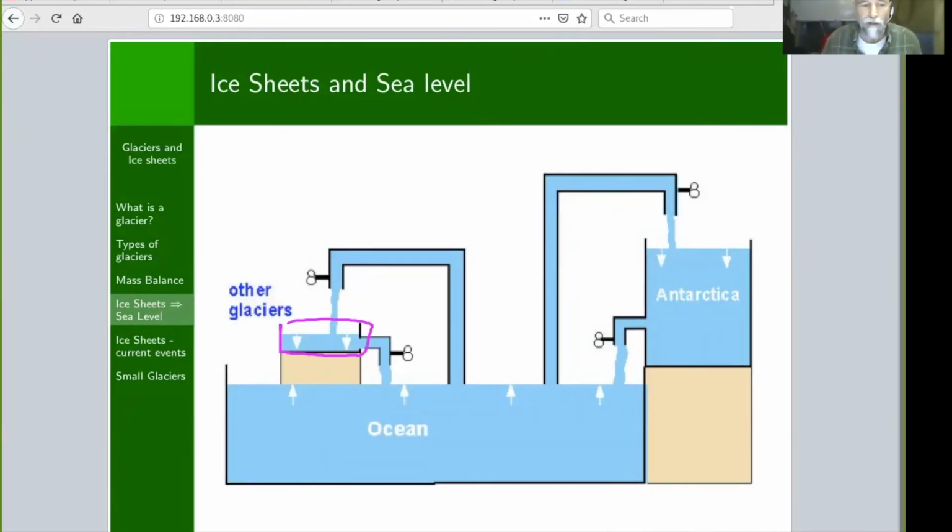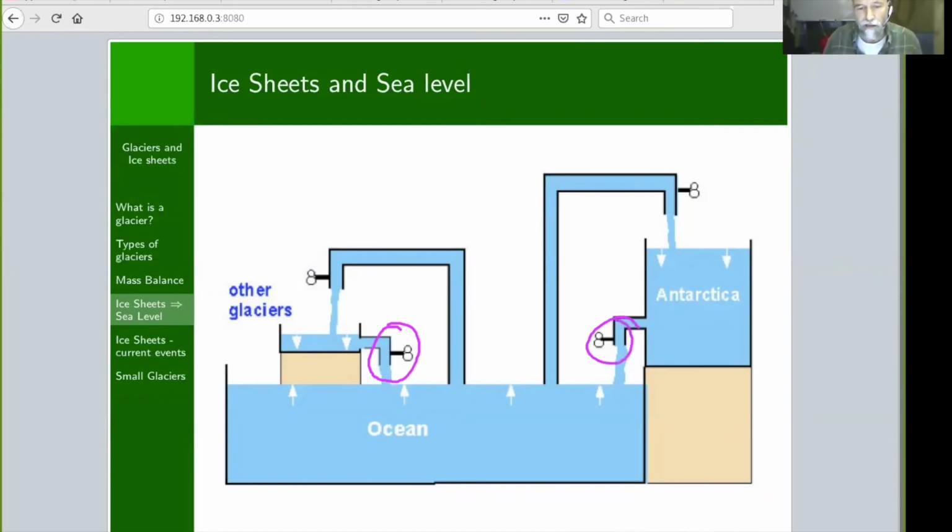But the other thing to remember is it's about not only the size of the reservoir, but also how far open this tap is. And so the contribution of different glaciers to current sea level rise is not necessarily related to the volume of water they could contribute in total. And right now, in fact, other glaciers and ice caps are contributing more to current sea level rise than the Antarctic is.